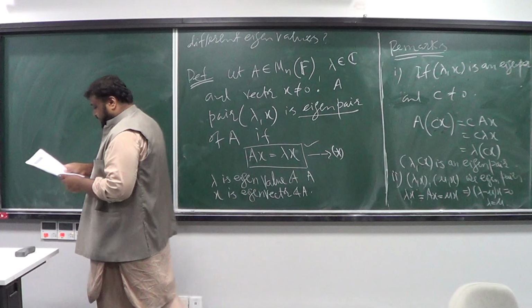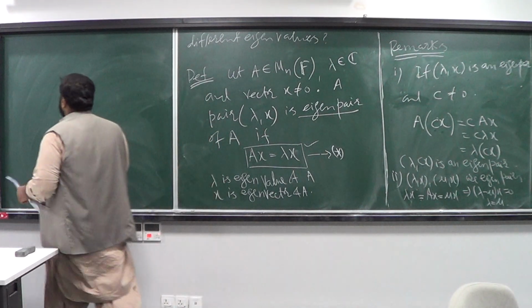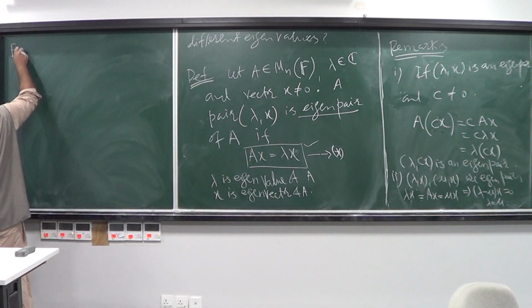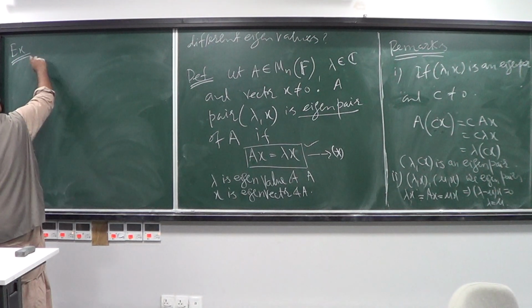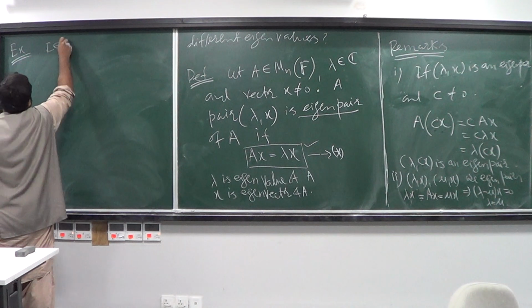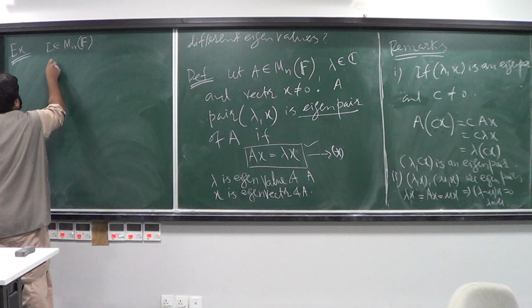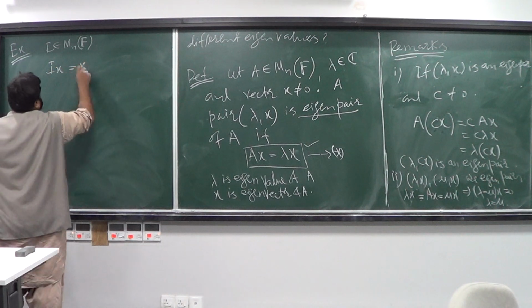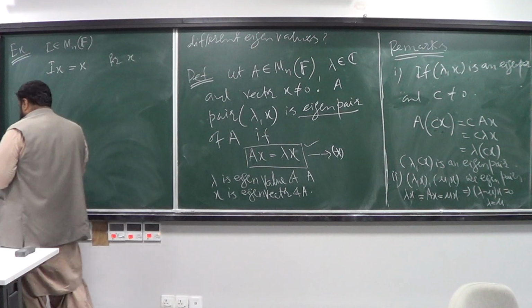Let's try to visualize them. Say, for example, the first example is the identity matrix. If you take the identity matrix, then we know that Ix is equal to x for all x. So what does this show?